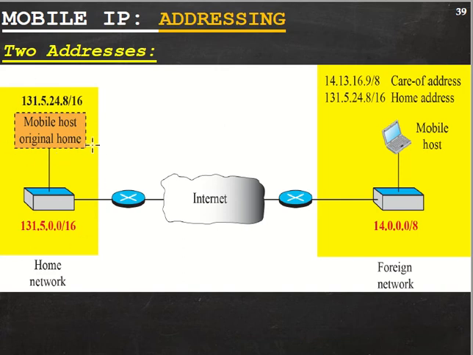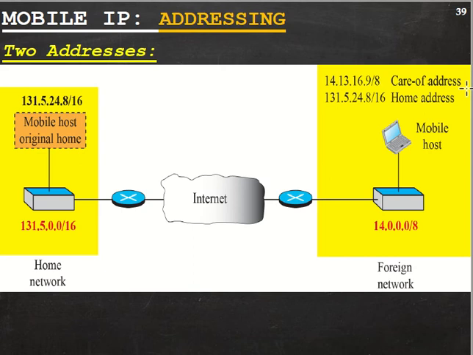This address we call the home address, this is the internet, and this is what we call the foreign network. Whenever the device moves from the home network to the foreign network, we call that address the care of address.